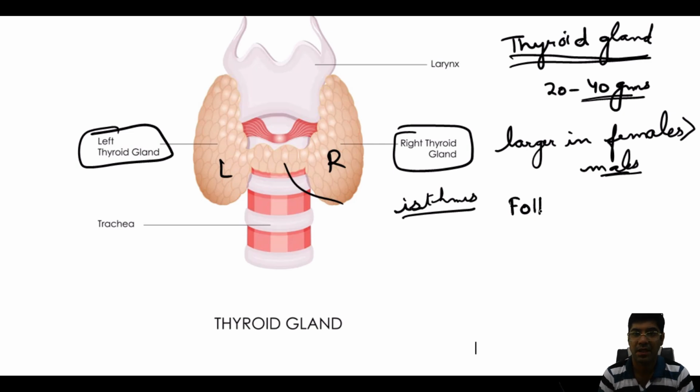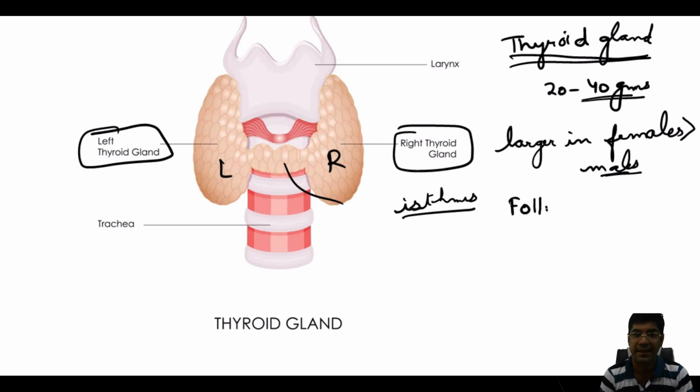The structure and function of the thyroid can change in different stages of the menstrual cycle in females. Its activity increases during pregnancy and lactation and decreases during menopause. So it is larger in females than in males.